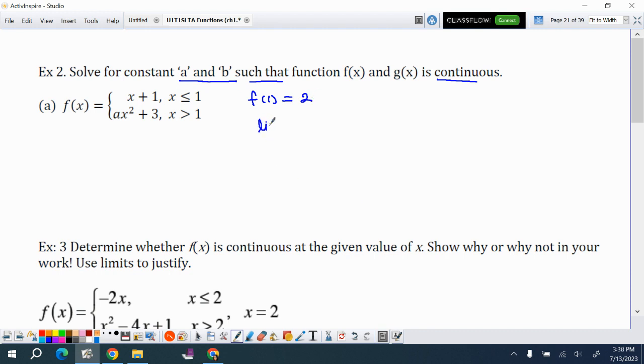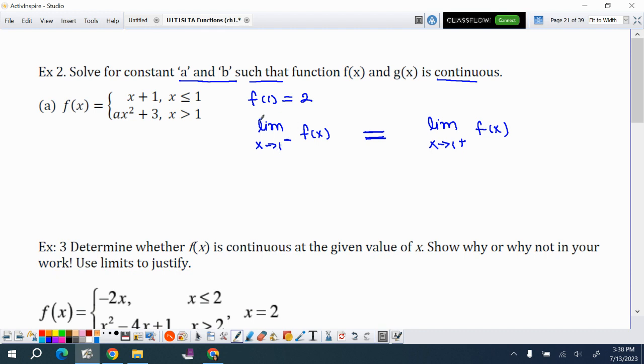Now let's talk about the limit. Limit as x approaches 1 from the left, what would be this number? And limit as x approaches 1 from the right, what would be this number? To make a continuous function, both sides have to come together, and only then can you make a continuous function.